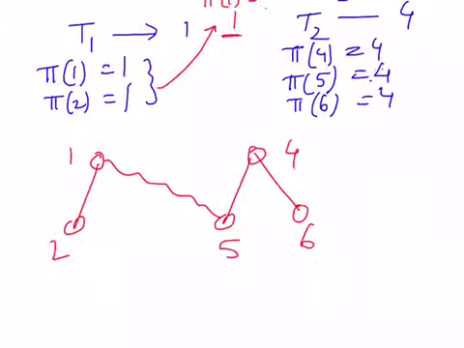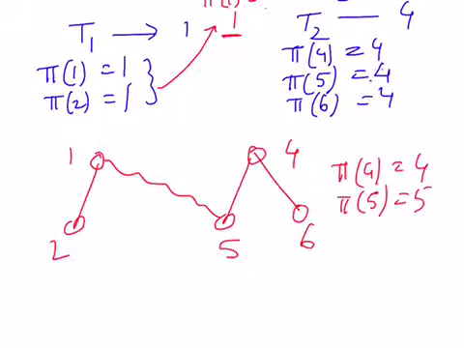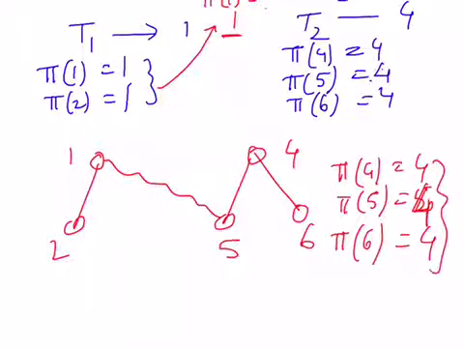So for example, earlier the parent of 4 was 4, parent of 5 was 4, and parent of 6 was 4. Somehow I have to update all of this parent information to make them 1, because let us say the parent of the combined tree is 1.